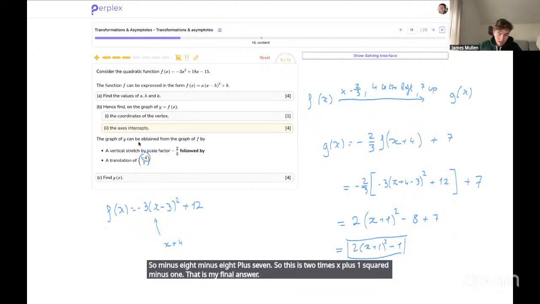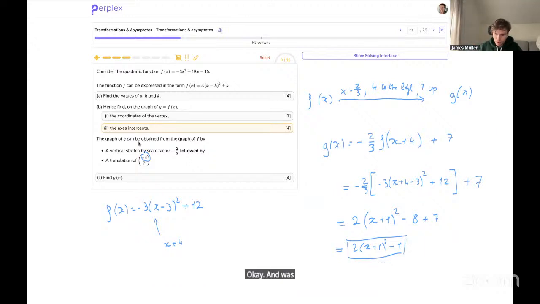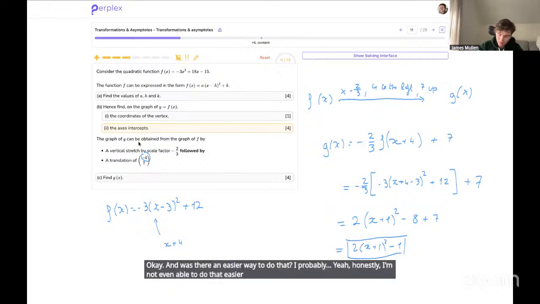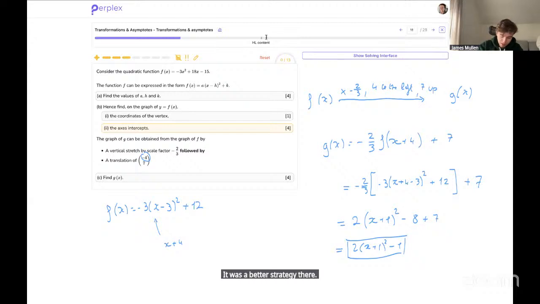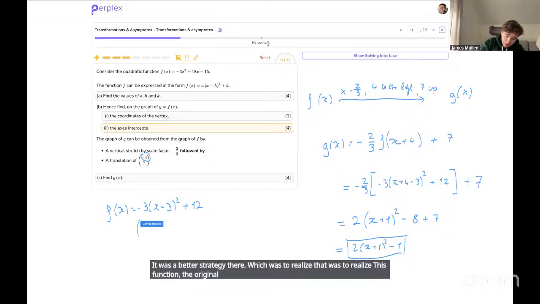Okay. And was there an easier way to do that? Honestly, I might have been able to do that easier, and let me show you how I could have done that better. A better strategy was to realize that this function, the original quadratic, we said had a vertex at (3, 12). And I'm translating that vertex by (-4, 7).